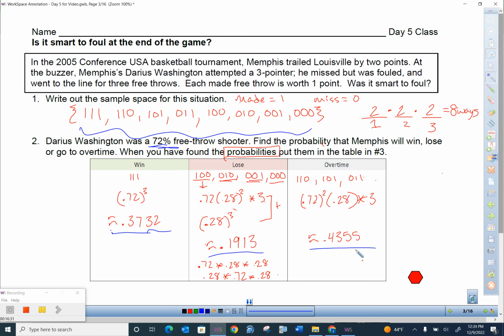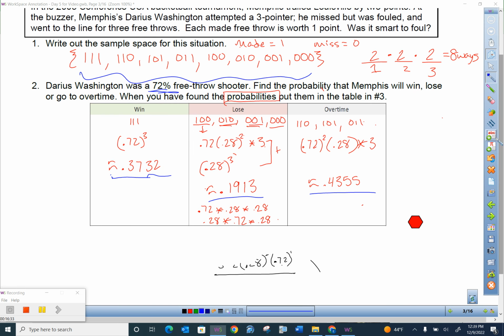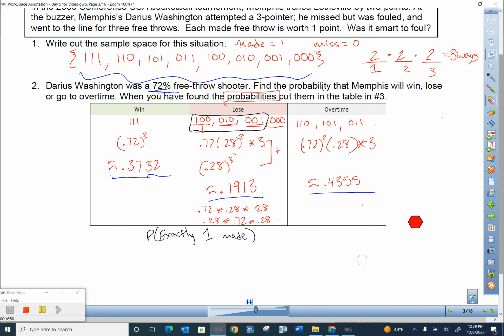So going to your original table here, I want you to just focus on this piece where we had one make, or we could have thought about it as 2 misses, which means the same thing.